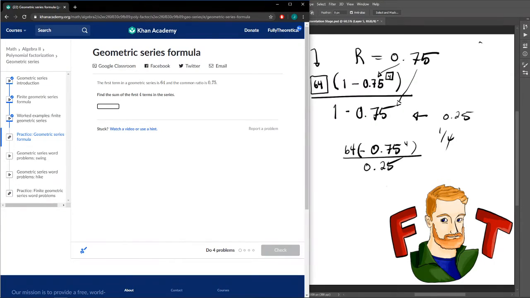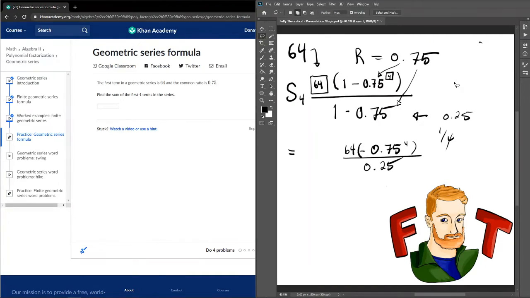Maybe what we can do is this could be 1/4, and if it's 1/4, that means something divided by a fraction is that thing multiplied by the inverse of the fraction.